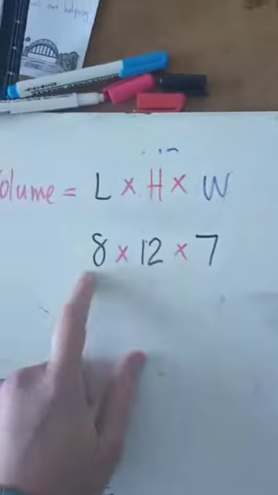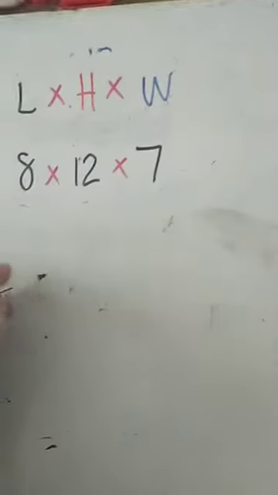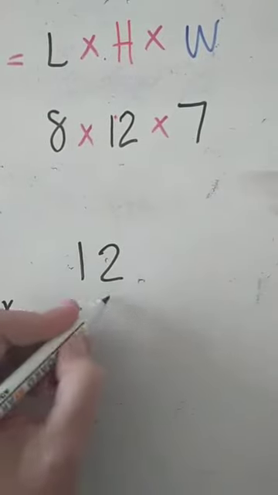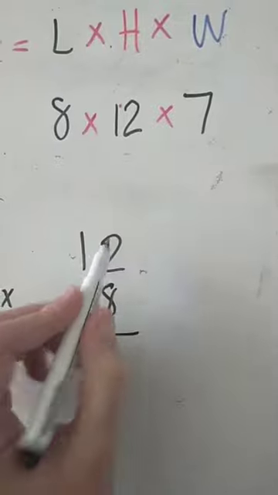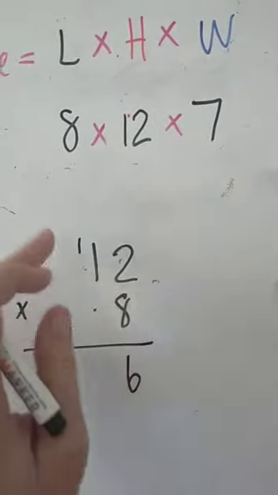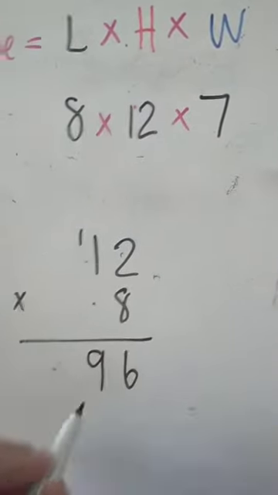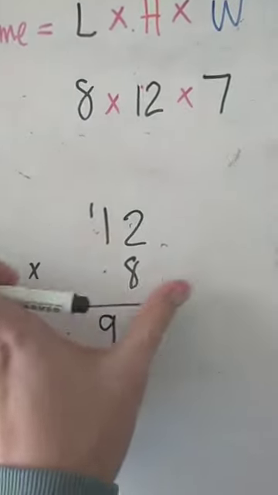Alrighty, so now let's go this times this, that answer times this. Going to do it vertically again. 8 groups of 2, 16, carry the 1. 1 group of 8 is 8, plus 1 is 9. So that's 8 times 12, or length times height, equals 96.